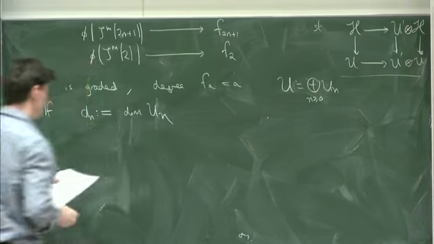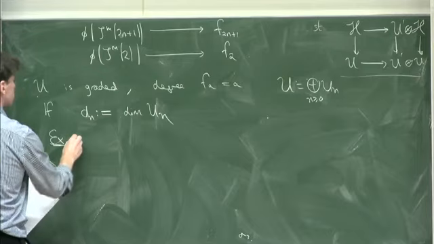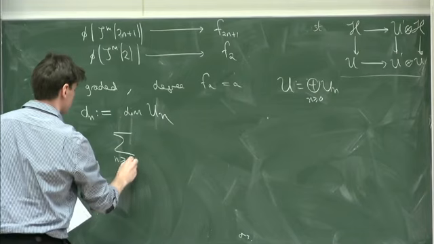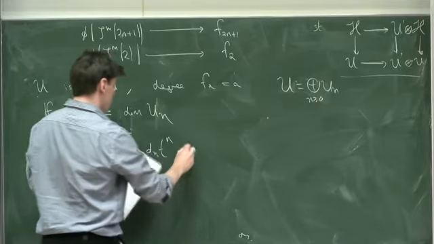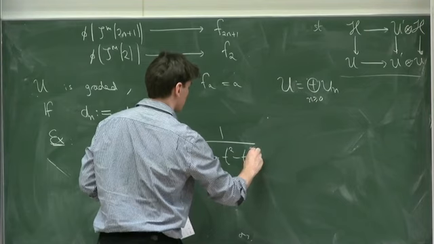Now, if I write d_n for the dimension of U_n, then it's an exercise in counting words to check that the generating series of dimensions is given by 1 over 1 minus t squared minus t cubed.